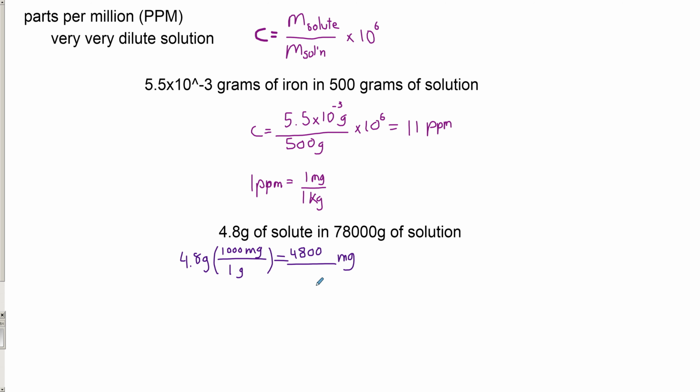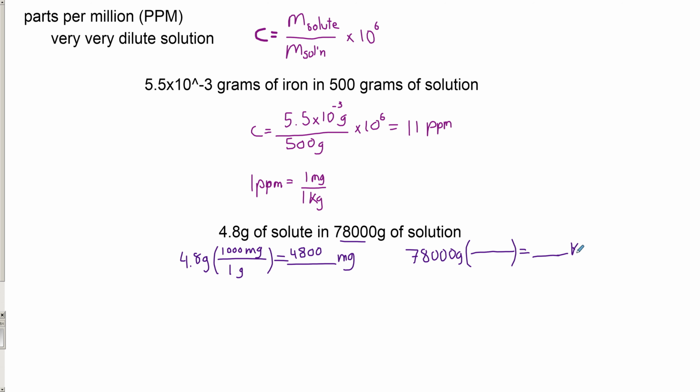Now we'll do the same treatment to our 78,000 grams. We're turning that into kilograms. I get my little conversion bracket up, just like last time. This time we're trying to turn this value into kilograms.